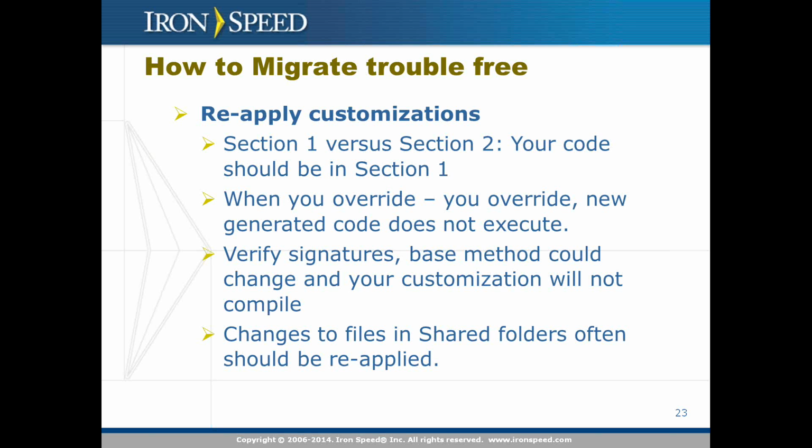In terms of business and data access layer, section 1 is actually the file which has the name of the table but not the base. So for example, customer record is basically the whole section 1, but base customer record is actually the whole section 2. You should not put your changes into the base customer record or base customer table, but only into the customer record or customer table.